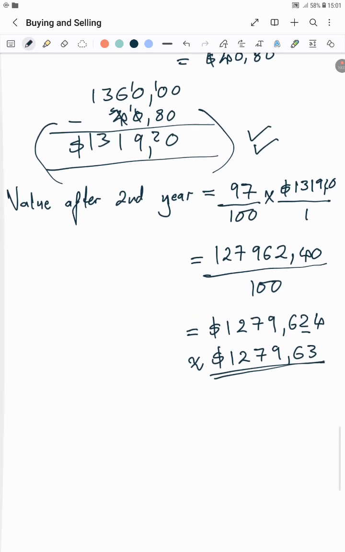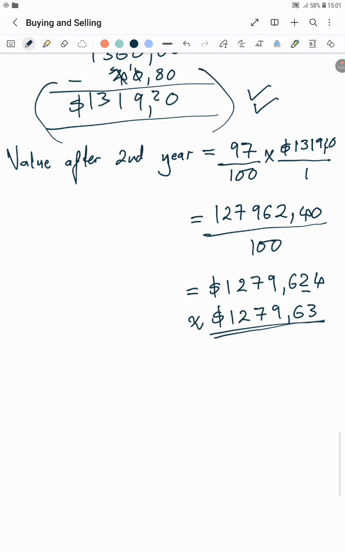Okay, so we're going to look at another example. Let's look at this example.